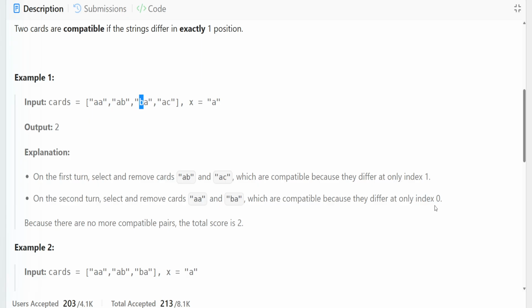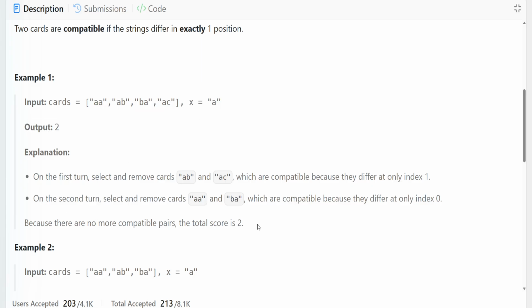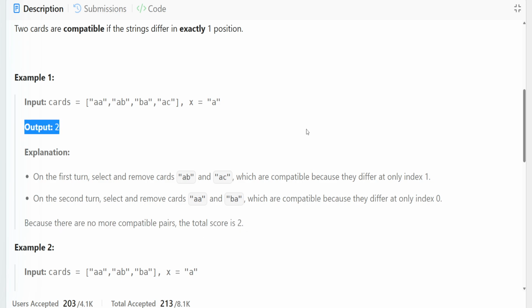So they differ at exactly one position, and they are a compatible pair, because two cards are compatible only if they differ at exactly one position. You understand the problem, right? There are no more pairs, so the total score is 2. I hope you understand. Let's understand how to write the code.